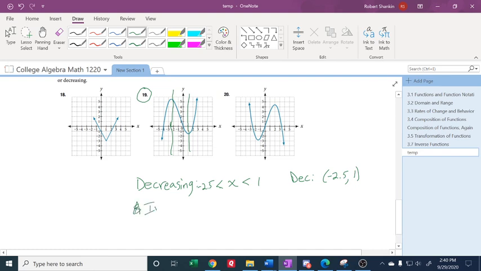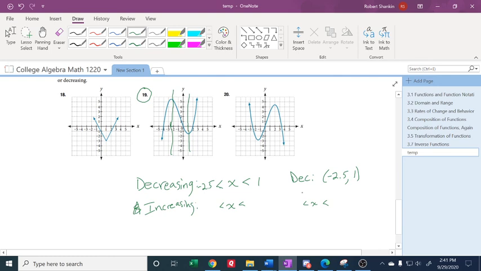Tell me where it's increasing. It's increasing from negative 4 to negative 2, and then from positive 1 to positive 3.